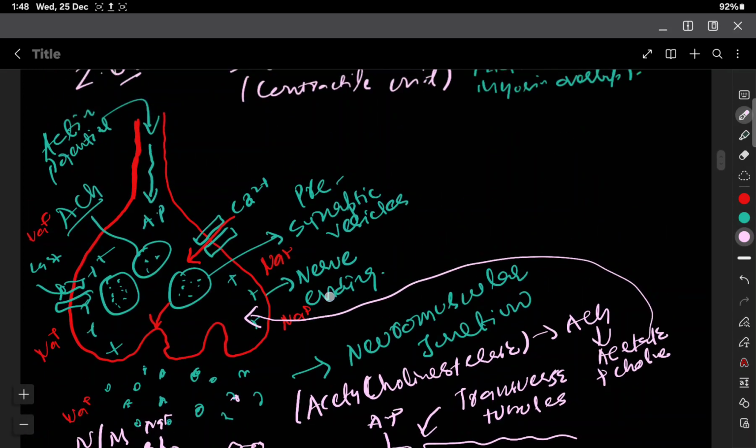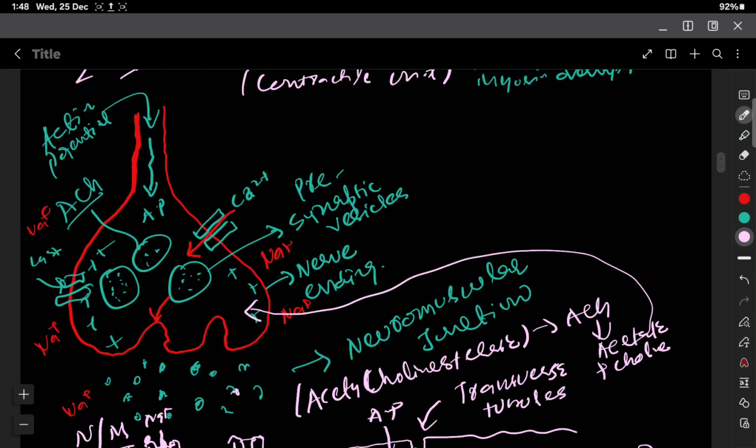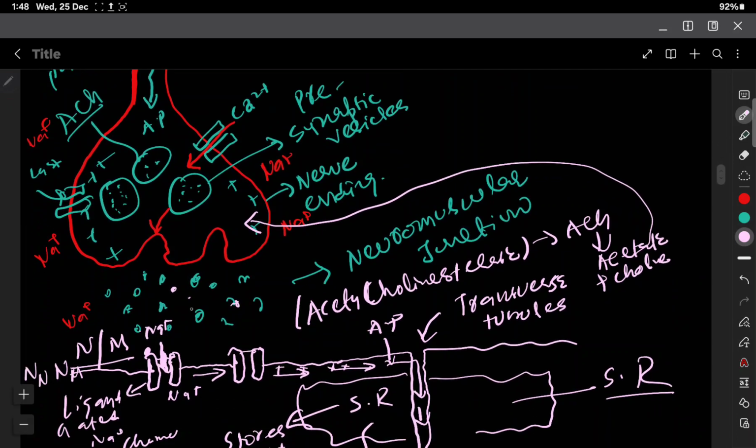So I will again explain this. When the action potential reaches here, it causes calcium from outside to come inside the cell, and inside the cell there is acetylcholine present in the synaptic vesicles. Calcium binds with these synaptic vesicles and they fuse with the membrane, which causes release of the acetylcholine into the gap called the synapse.